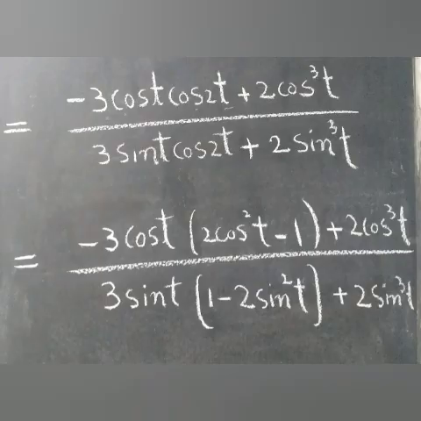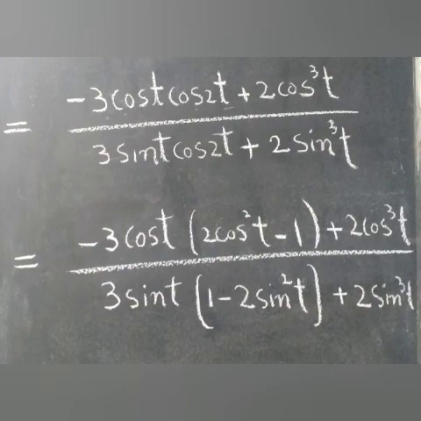In the numerator, since only cos is involved, we write cos of 2t in terms of cosine only. That is, cos of 2t is equal to twice cos square t minus 1. In the denominator, only sine is involved, so we write cos of 2t in terms of sine only.